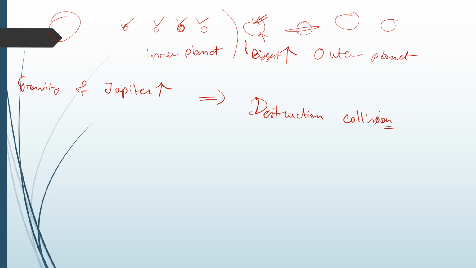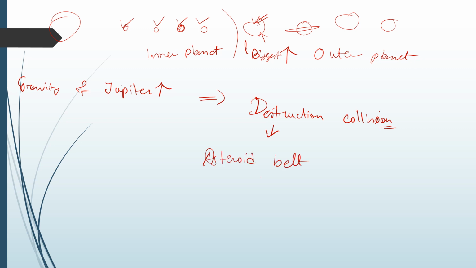Due to the gravity, the movement of nearby objects also became high because it is attracting the materials. Some other planets are also attracting materials. So as the gravity of Jupiter is very high, it started collisions between the particles. Due to this, our asteroid belt has been formed.